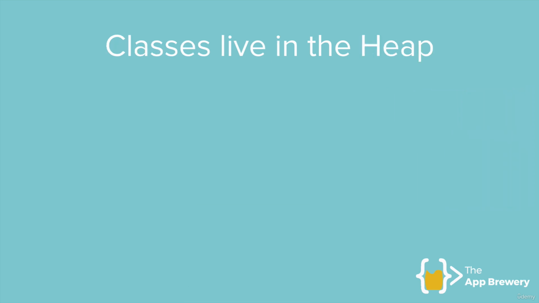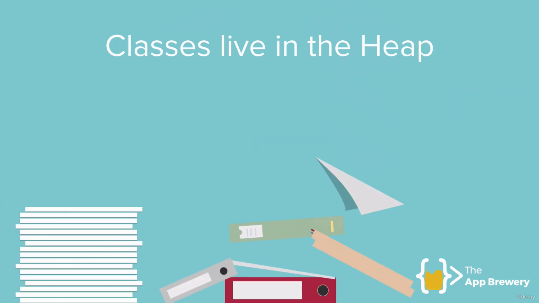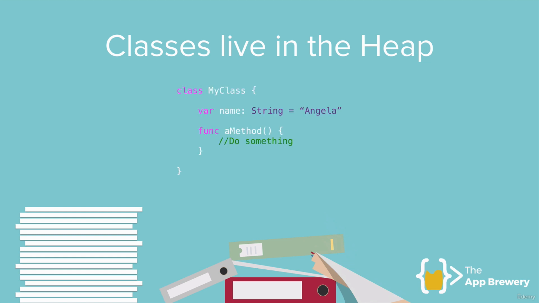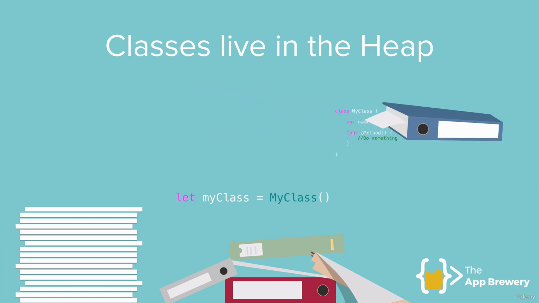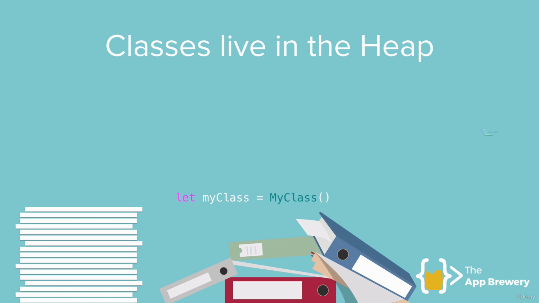Now, classes, on the other hand, they live in the heap. And if we create a new class that's called myClass with a property and a method, then when we initialize our class, let's call it myClass, then all of that data gets allocated some memory and it will be saved somewhere in the heap. Now, in order to find it in the heap, our class also has a reference in the stack.